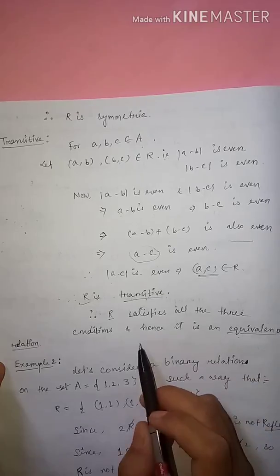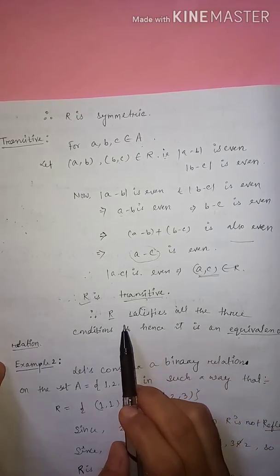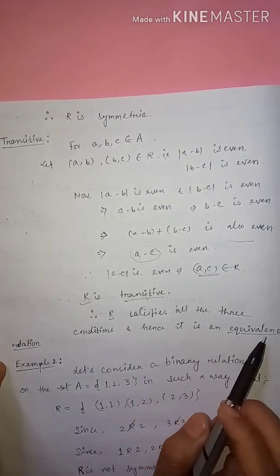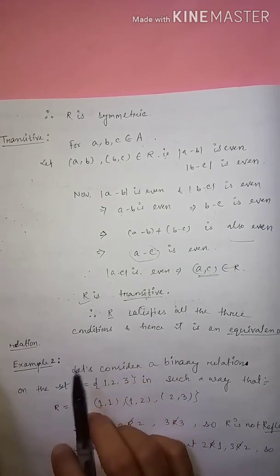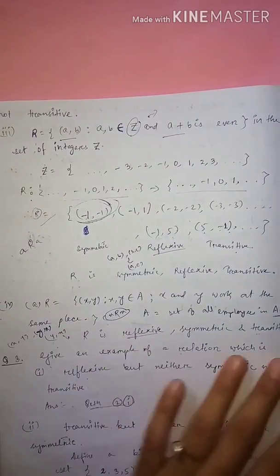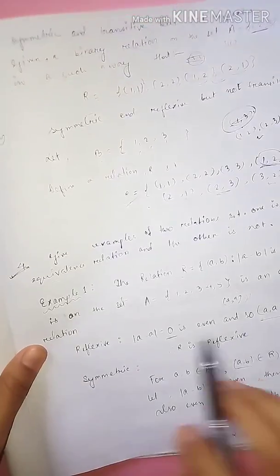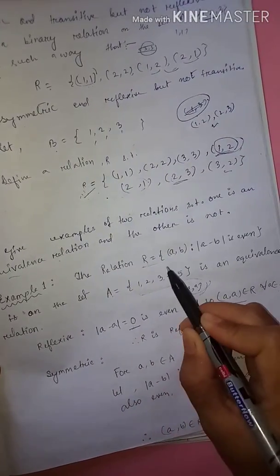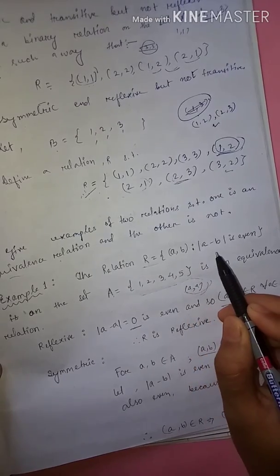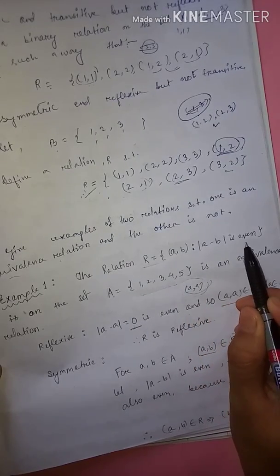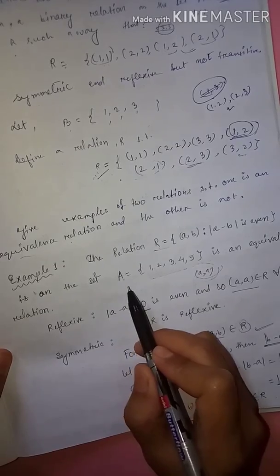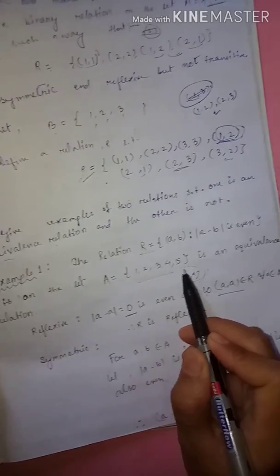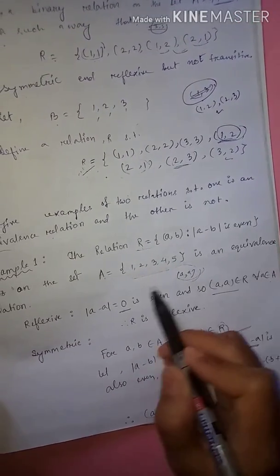So we have found an example of an equivalence relation, which is the relation R of ordered pairs (a, b) such that modulus of a minus b is even, on the set A, {1, 2, 3, 4, 5}.